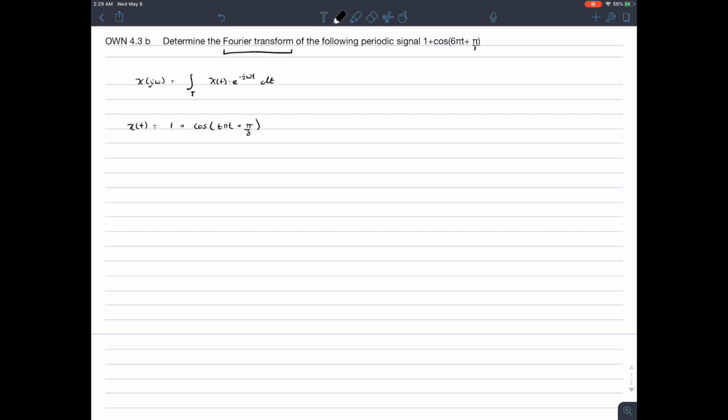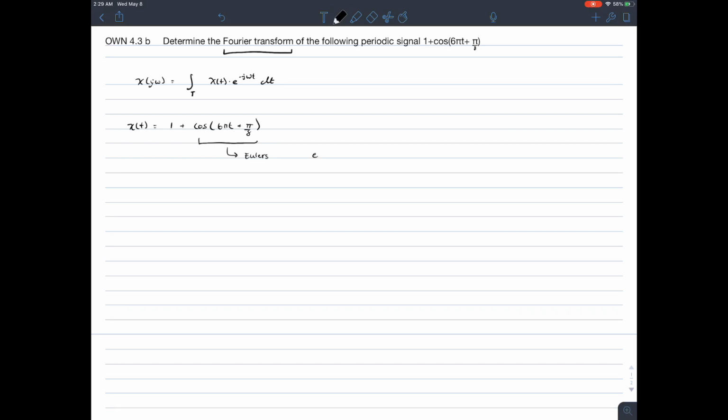Alright, so I don't want to, and I know you don't want to, take the integral of cosine times e to the negative j omega t. So we're going to change this by using Euler's identity. Okay, so cosine is transformed into multiple e's.